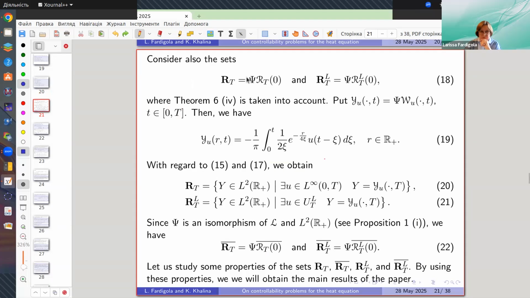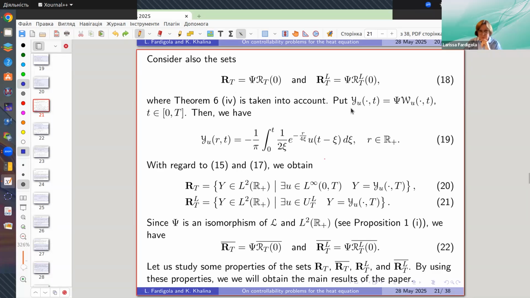Using the operator psi, we can build the reachability sets both RT and both RLT. It is obtained as the image of an appropriate set for the operator psi.